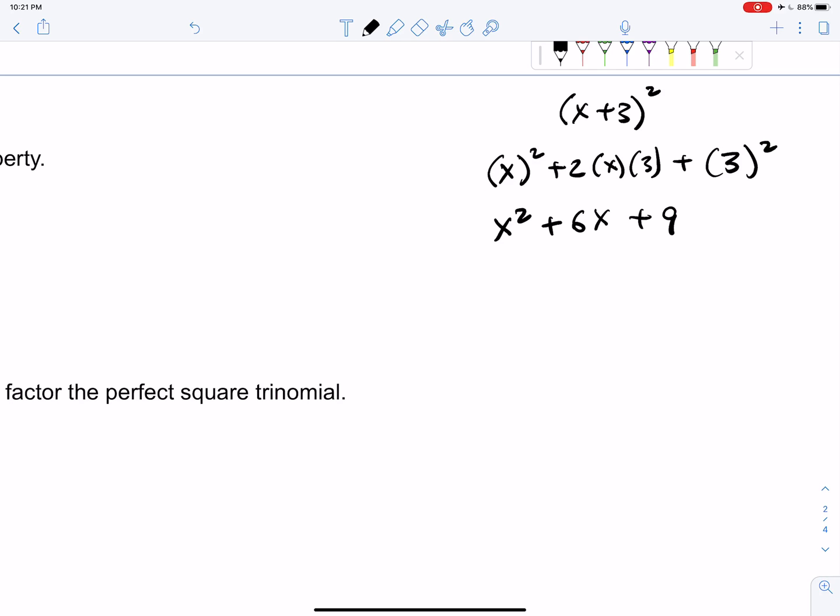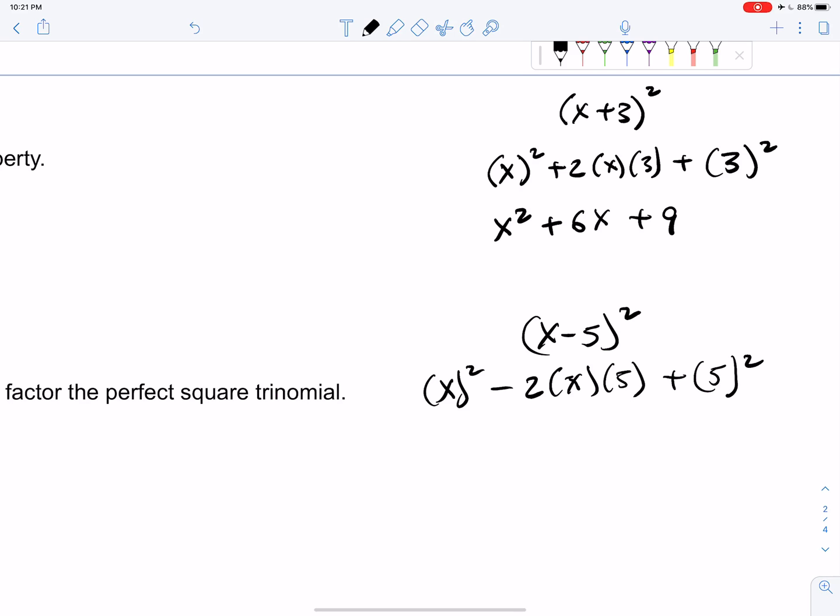How about x minus 5 quantity squared? You multiply all that out, you get the first term squared, the middle term is 2 times x times 5, and the last term is just plus 5 squared. So it multiplies out to x squared minus 10x plus 25.